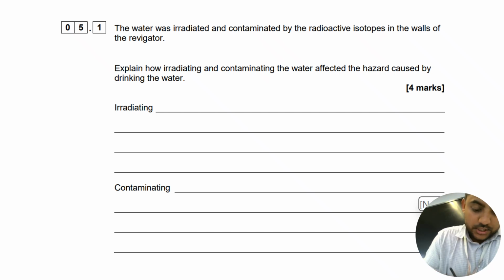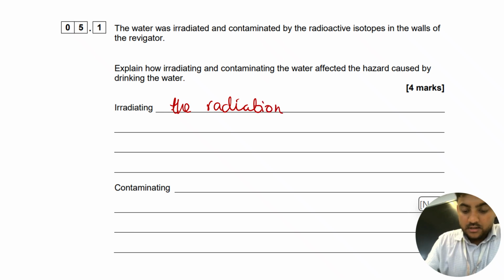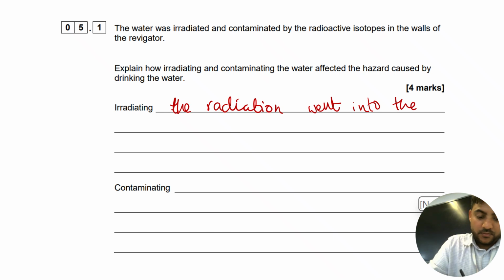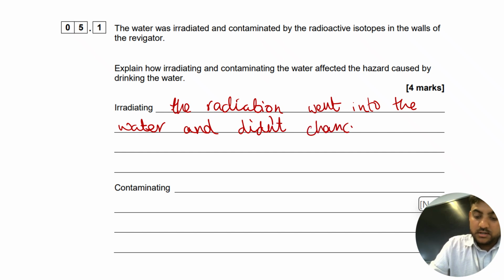If it was irradiation, the radiation went into the water and didn't change the hazard.